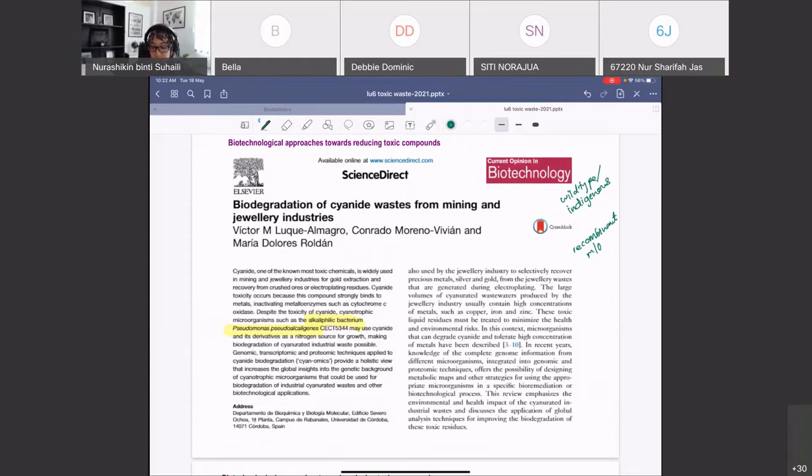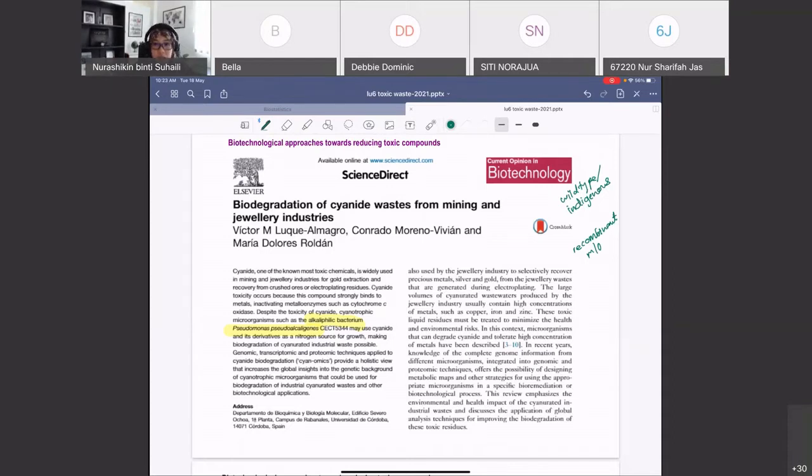When people found that the wild type has this gene that can degrade cyanide, or other types of organic toxic materials, they use that gene and clone it into new hosts, new organisms that can produce more proteins or more enzymes that can degrade that particular compound.